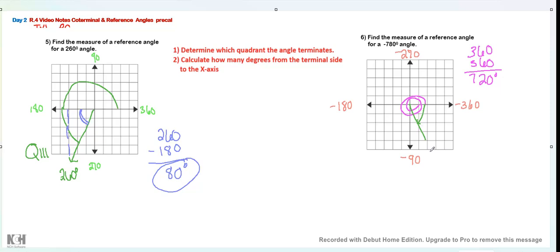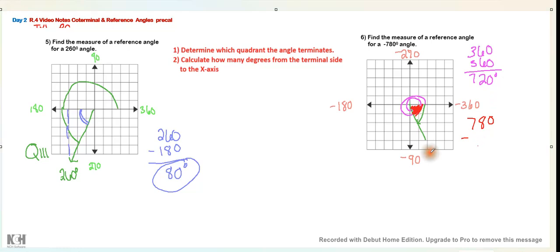But again, the only thing we're really concerned with is this portion right there. How big is that between the terminating side and the x-axis? Where did I get 720?